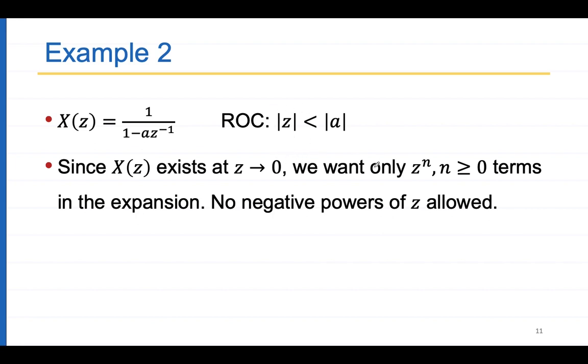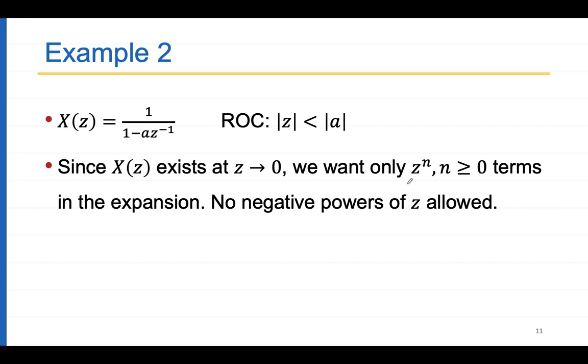Therefore, we want only z to the power n terms where n is greater than or equal to 0. What does that mean? Negative powers of z are not allowed, because if n becomes negative, then 0 to the power anything negative will not converge. It's meaningless. So that's why I cannot have any negative powers of z.